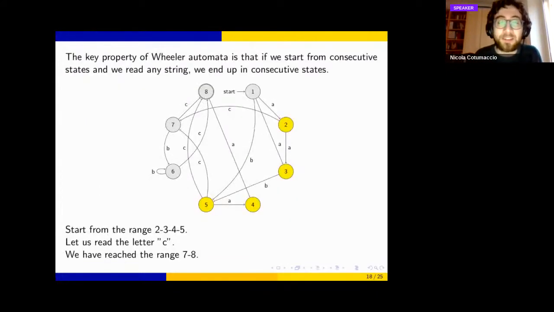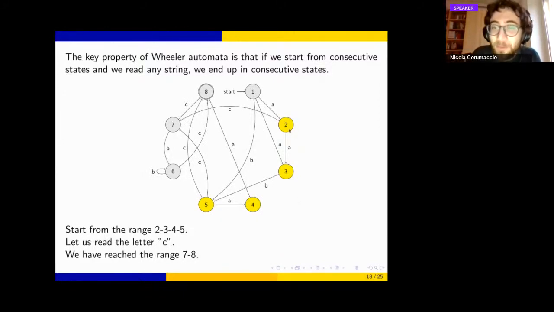I will skip details. And as Travis was saying, the nice property of Wheeler automata is that if I want to read a string starting from the start state, then I always end up in a set of consecutive states. More generally, the property is the following.